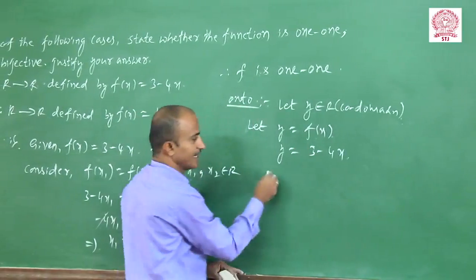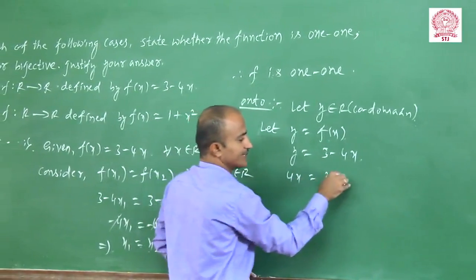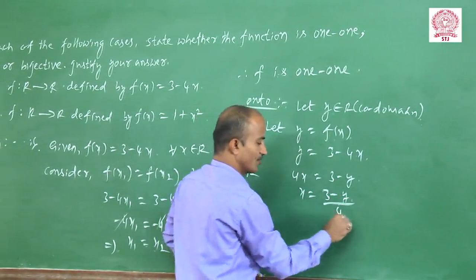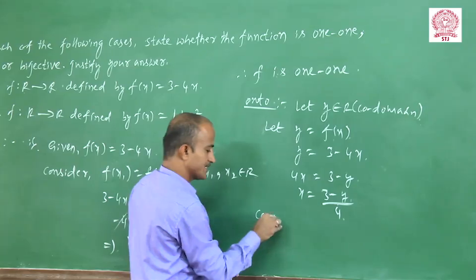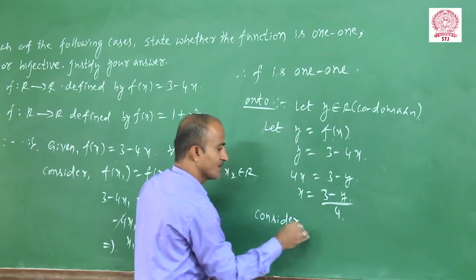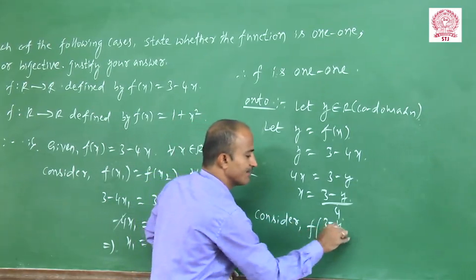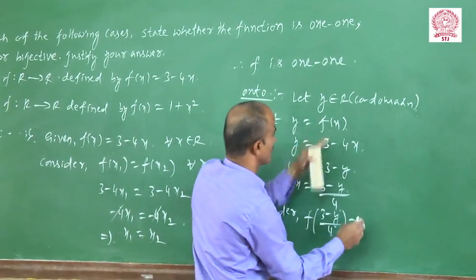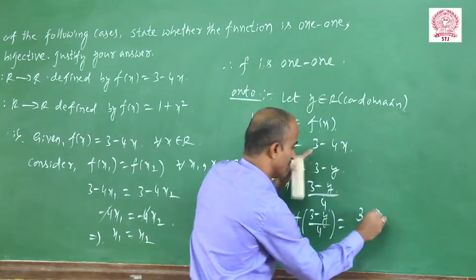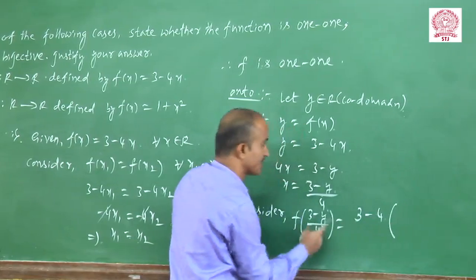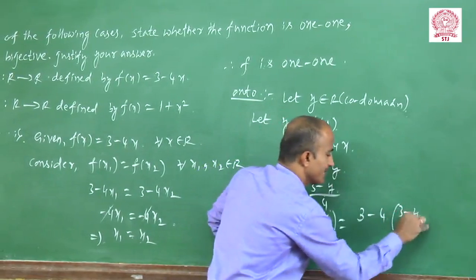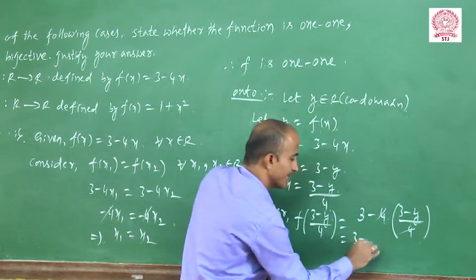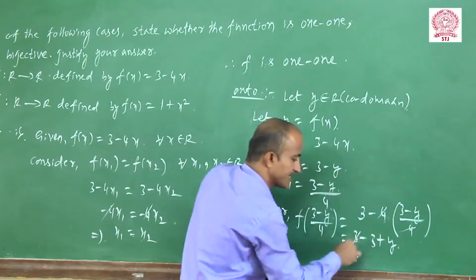Solve for x: 4x equals 3 minus y, then x equals (3 minus y) by 4. Consider f of (3 minus y) by 4. Wherever x appears, replace it by (3 minus y) by 4. We have 3 minus 4 times (3 minus y) by 4.